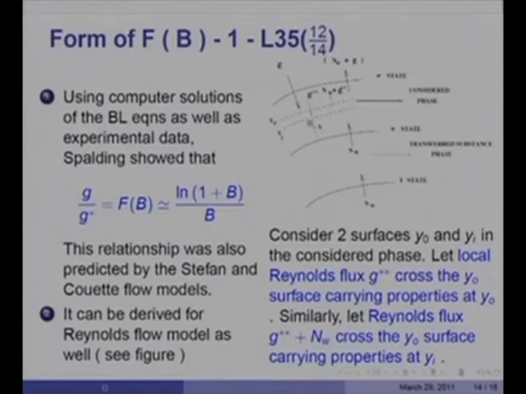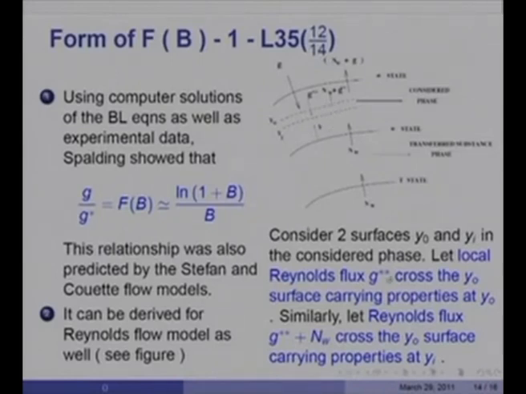And let us postulate G star star as a flux at the YO surface, which is coming in and bringing with it the properties of the YO surface. Likewise, NW plus G star star is an outgoing flux which brings with it the properties of the YI state.